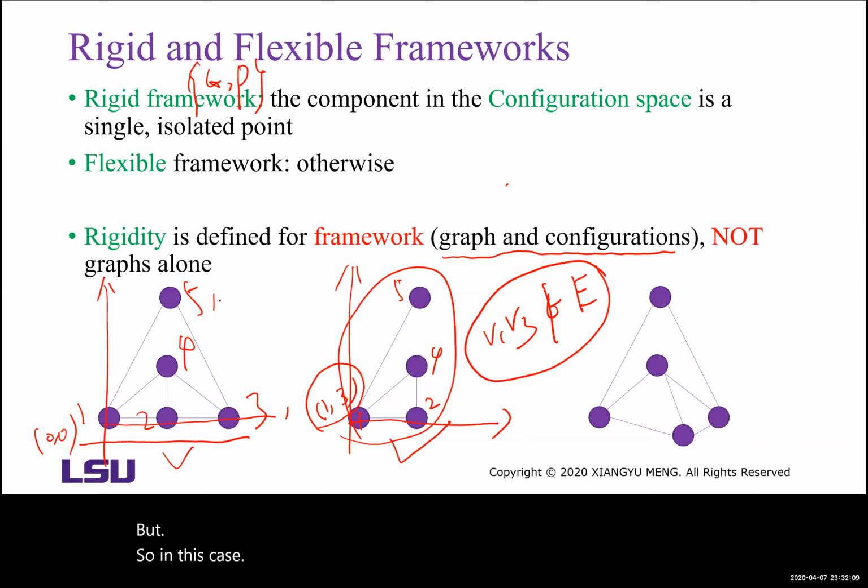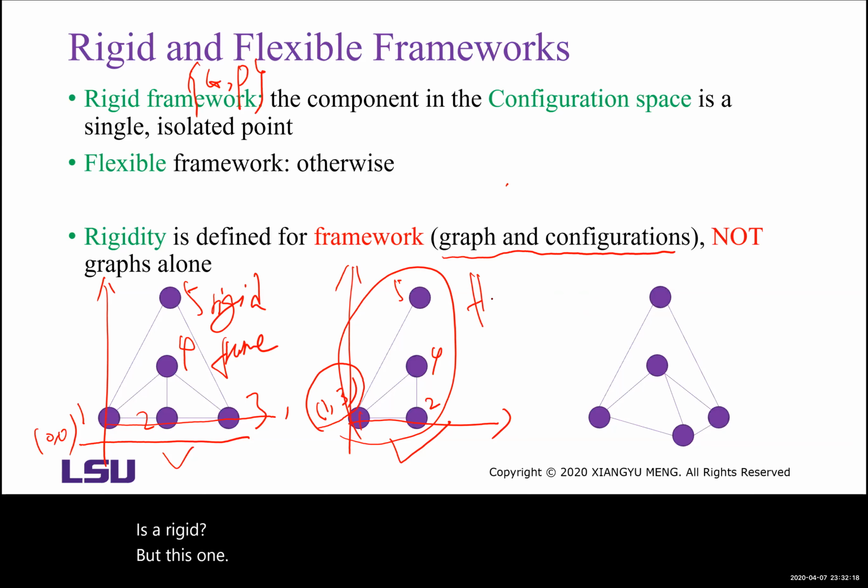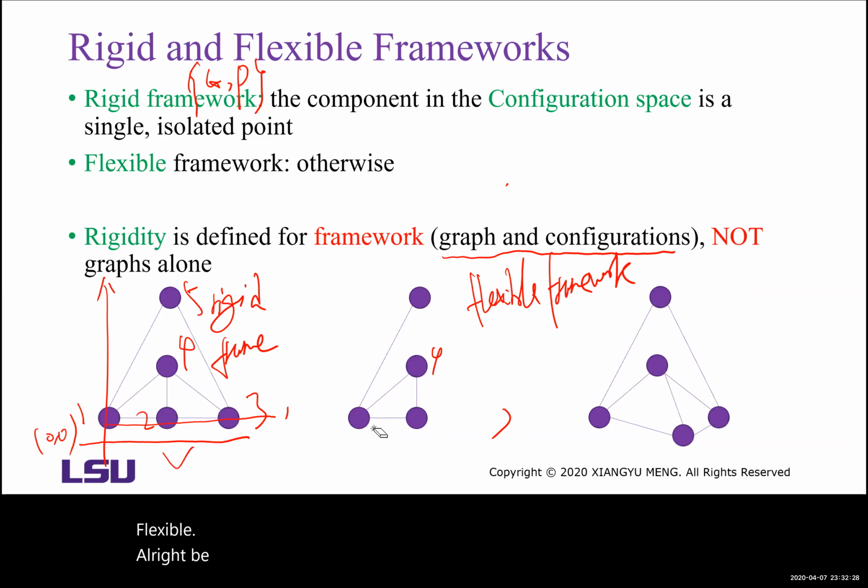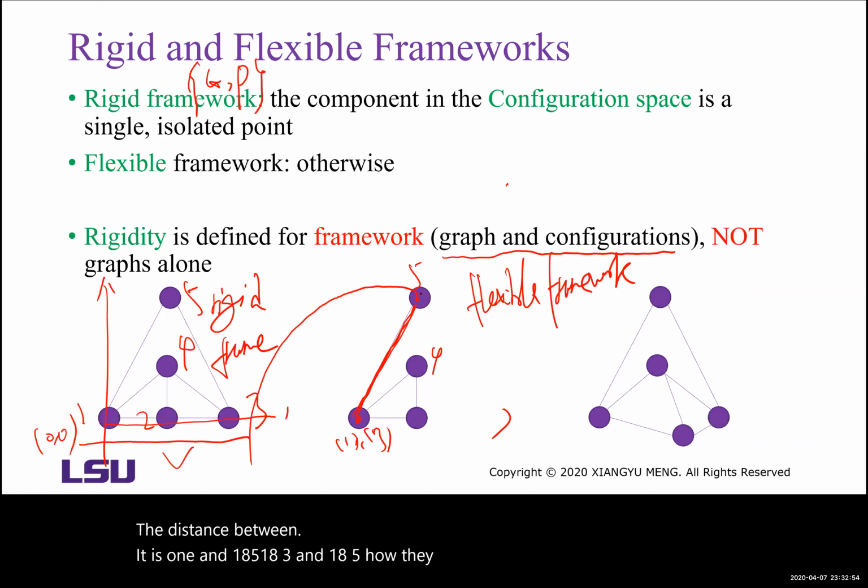So in this case, this one is a rigid framework, but this one is a flexible framework, because we can rotate agent 5, picking agent 1 and agent 3 as a center, by rotating agent 5 with a radius, the distance between agent 1 and agent 5 and agent 3 and agent 5, because they have the same distance.